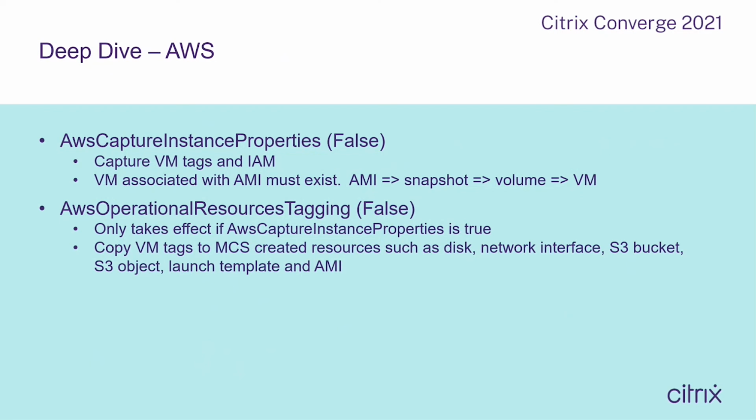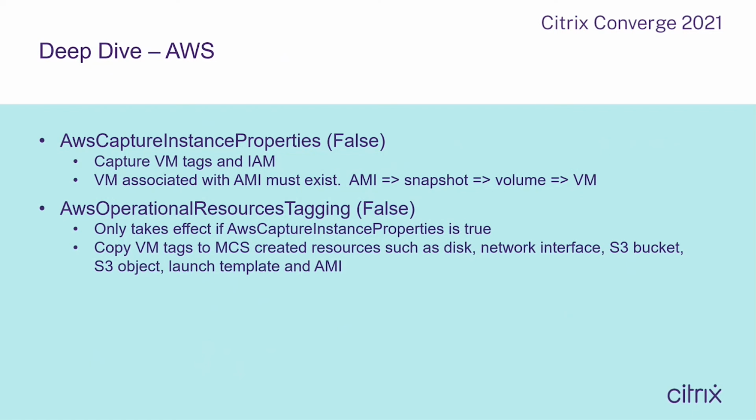Today, the behavior is that we need that VM actually. So if you just supply an AMI, then this feature will fail because we actually need to capture that from the VM, not from the AMI. So the way we look at it is you supply the AMI, and from the AMI we look for a snapshot, and we look for a volume, then we eventually trace it down to a particular VM. We will capture the tags and IAM role from that VM.